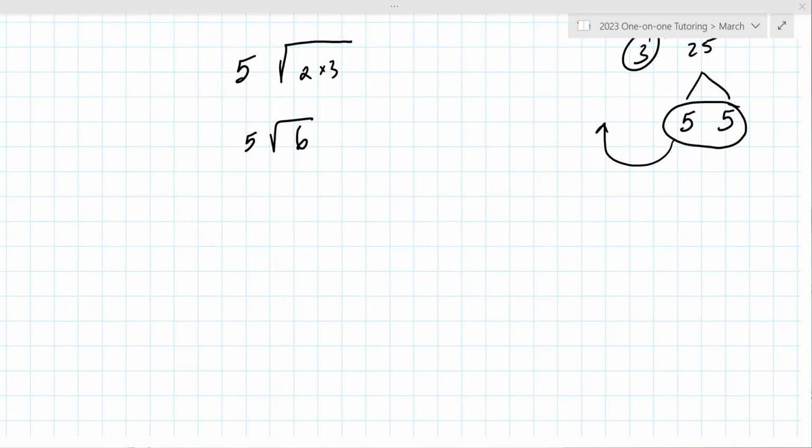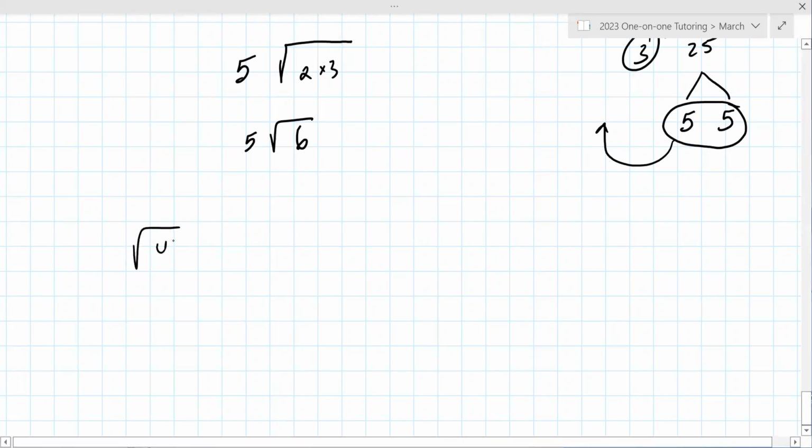I forget if it's 2 pairs of 2 in the factor tree. They both come out. Okay, so it'd be 2 times 2 times 2. That's a good thing to remind yourself of.